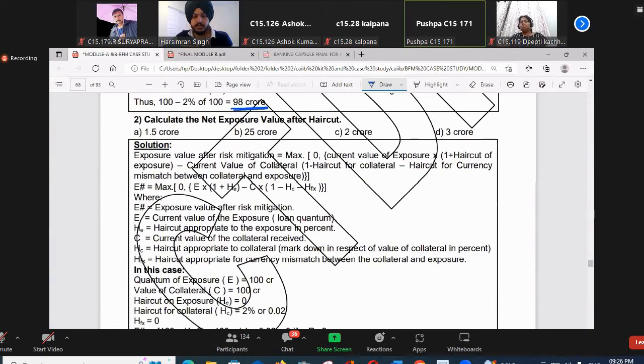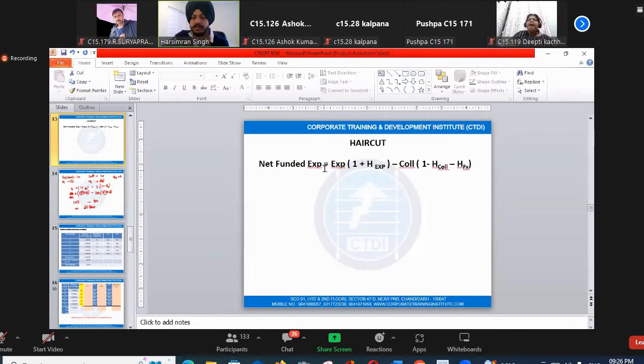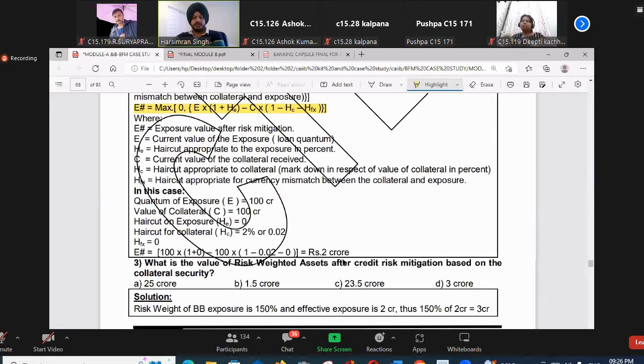See, this formula looks very big. Sometimes the paper asks for the formula. Okay, this formula. So now you know that there's nothing in this formula. All right. So here your answer is 2 crores. So basically, this is your exposure value 2 crores.